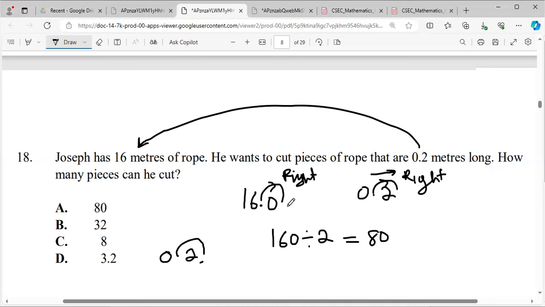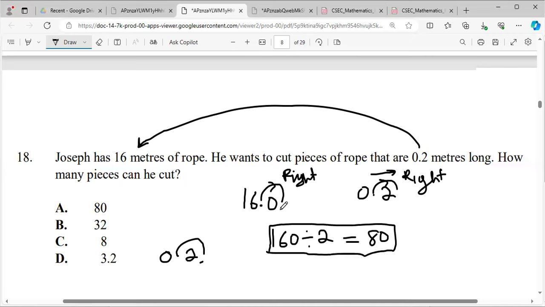So both of them, she actually did the same thing. Moved the decimal point once. It's just that we had no 0 in front of it. So we add a 0 and then we move one time. In order to get it to move one time, you have to add a 0. So that becomes 160 divided by 2, which is indeed 80.